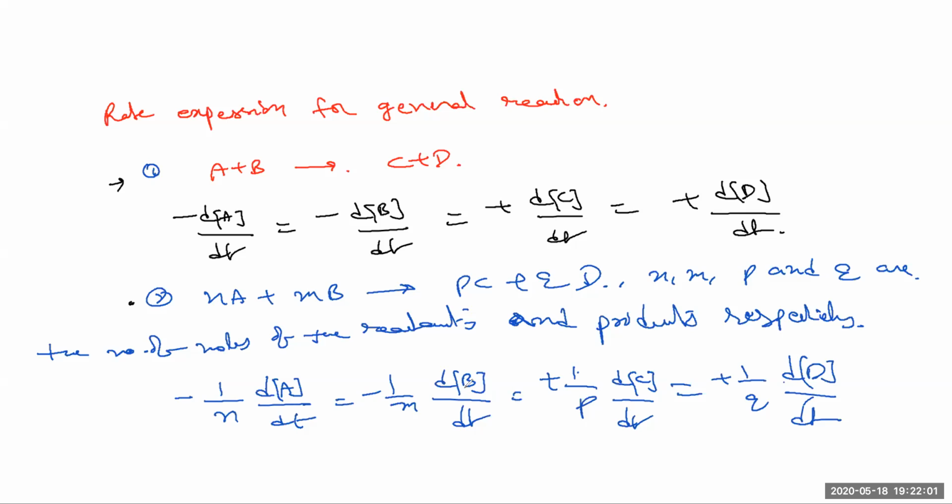Or disappearance of B is equal to m by n times the disappearance of A, m by p times the appearance of C, m by q times the appearance of D, or appearance of C is equal to p by n times the disappearance of A, p by m times the disappearance of B, p by q times the appearance of D. That is the meaning. Okay, understood?